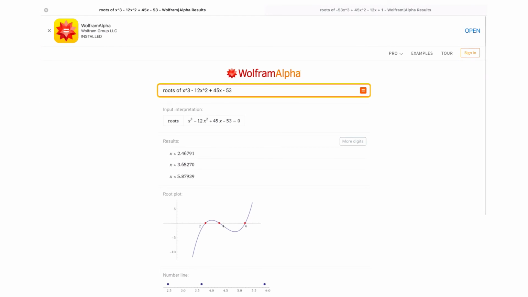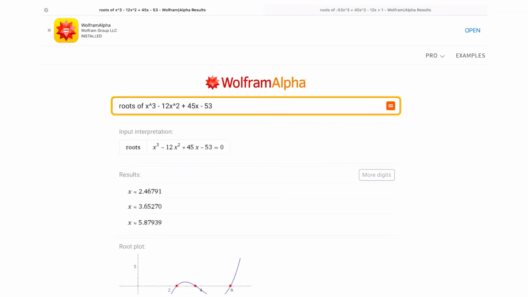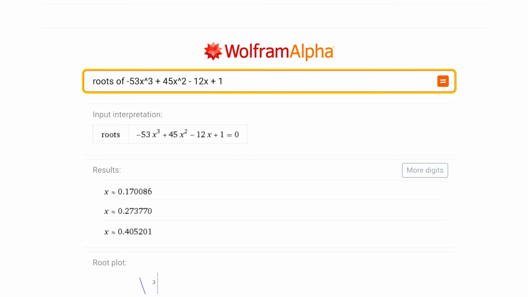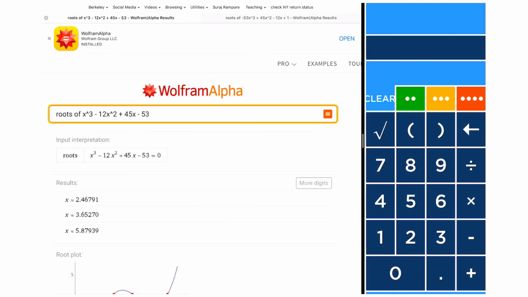And jumping to Wolfram Alpha, this was the first polynomial, right? With roots being these weird decimals. And this is the second polynomial. Okay, I'll just flip the coefficients. And to prove to you that one is the reciprocal of the other, why don't we look at them? So this one we have 1 over 2.46971.